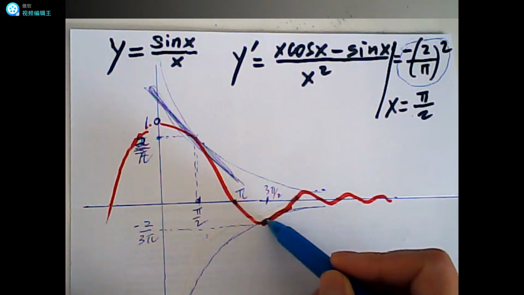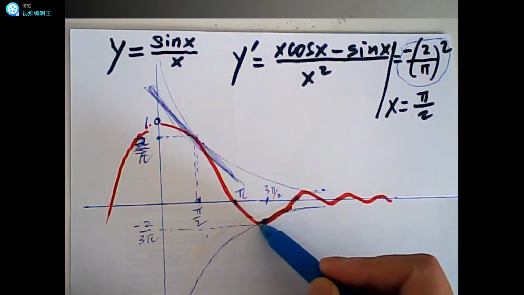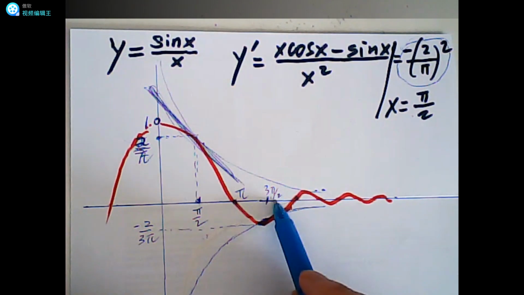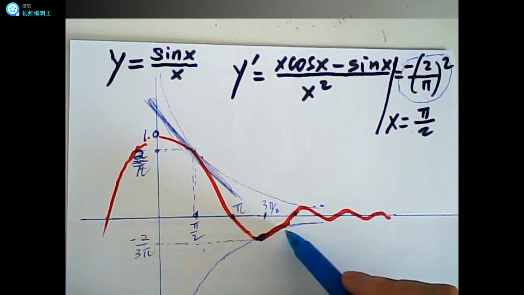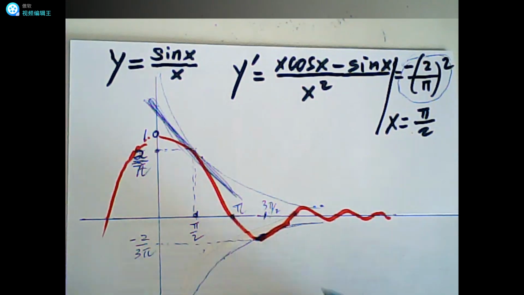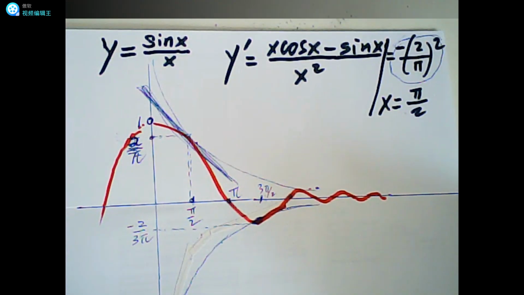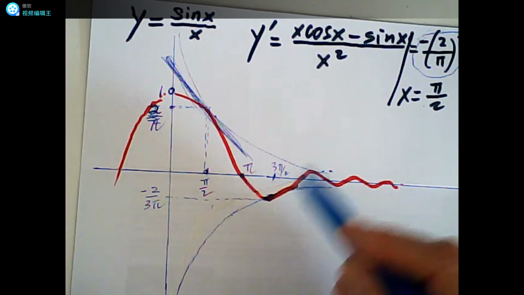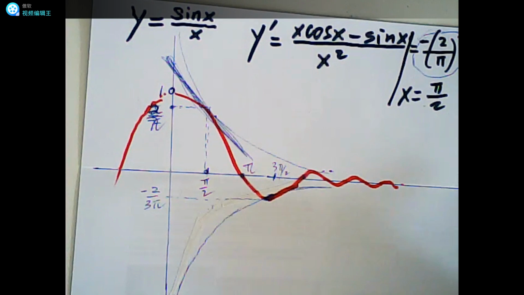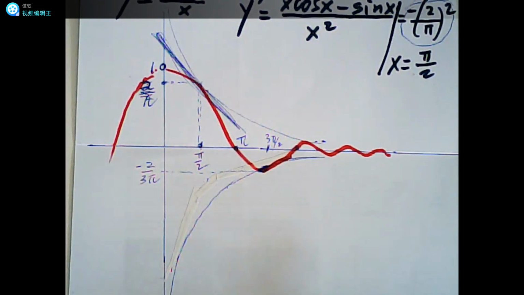And similarly for this point, we put this value into the first derivative and we get a gradient that is not 0. Okay, let's take a look at the picture from the internet.